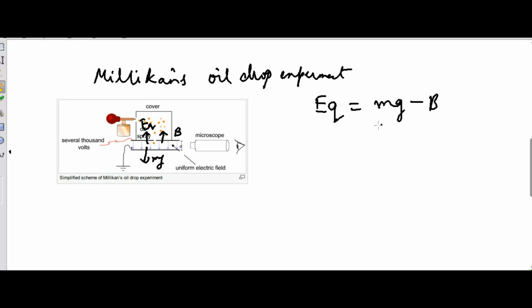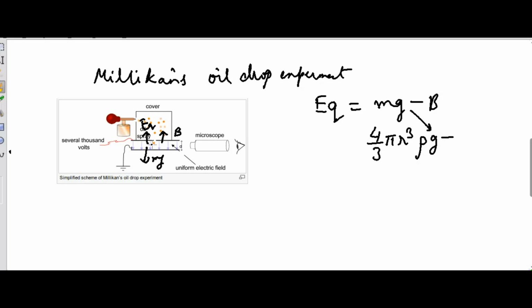And we know that the gravitational force mg, the weight of this, can be written as the volume, 4 by 3 pi r cube, of the oil drop, into the density of the oil drop, which I will write as rho. So mass is density times volume, into g. And what is the buoyancy?